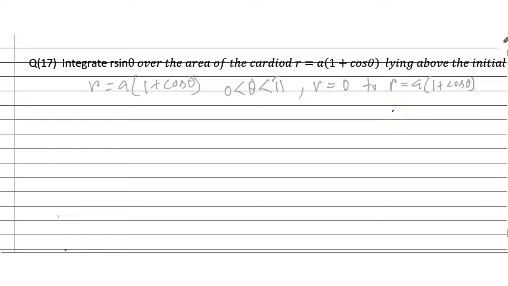So the initial line denotes the region consisting of the area of the cardioid lying above the initial line.